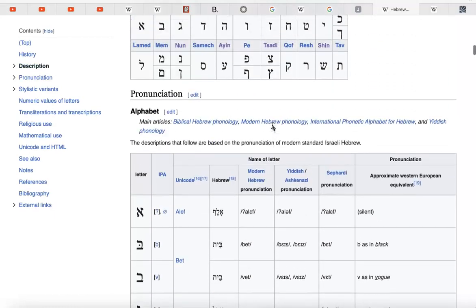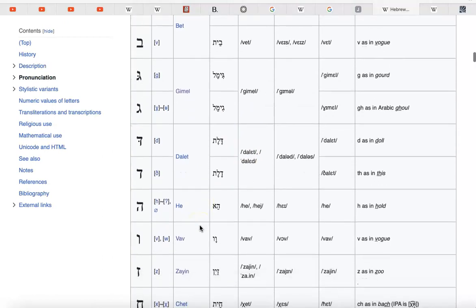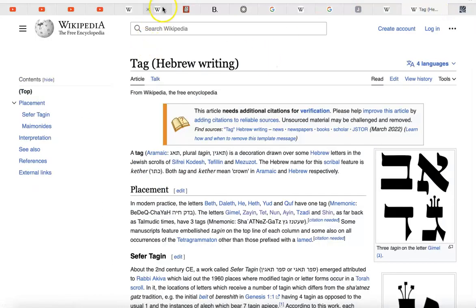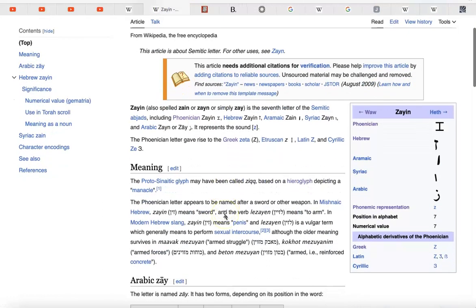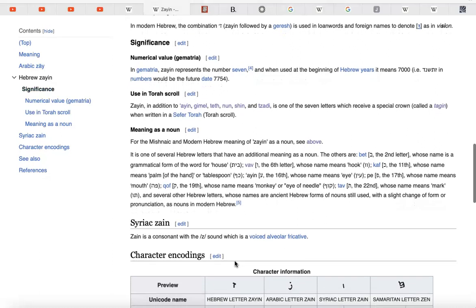So this is the alphabet, and again, 1, 2, 3, 4, 5, 6. Where's 7? Zayin. Okay, Zayin, and Zayin has its own page, Zayin, right? And we already talked about the meaning of Zayin, and the significance.